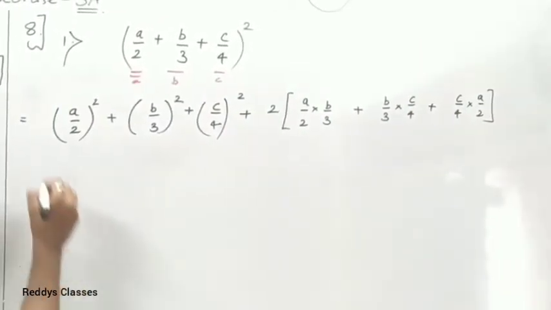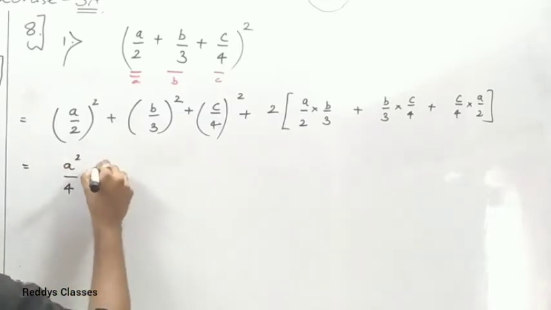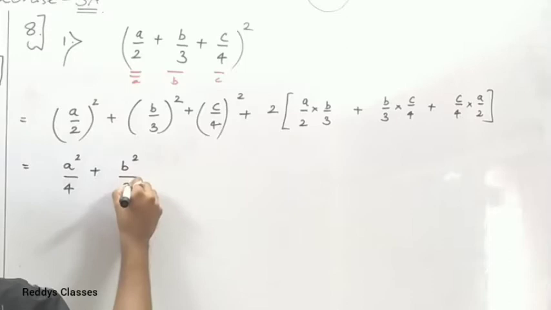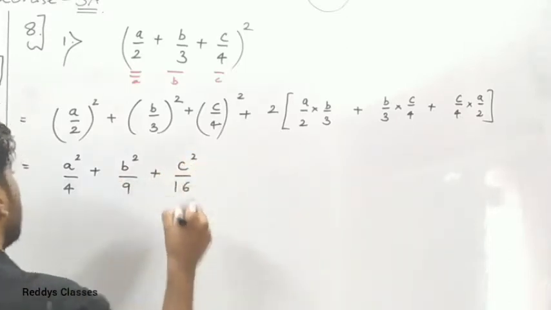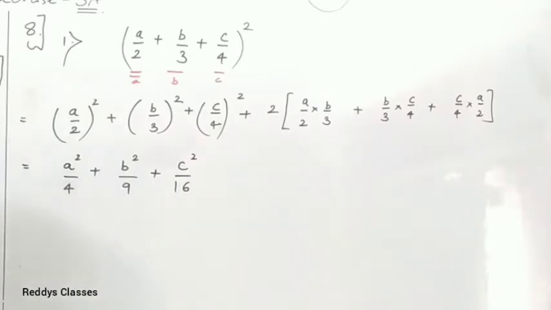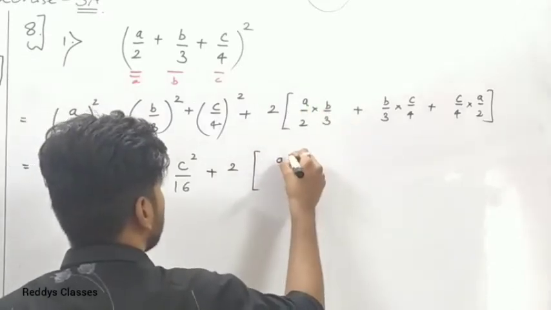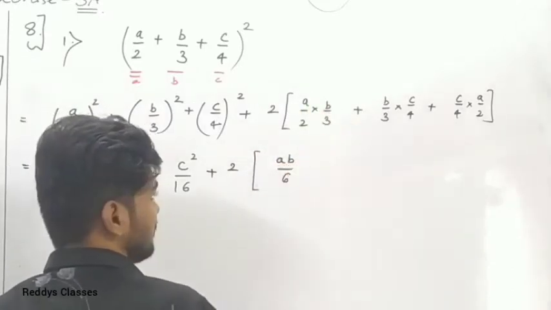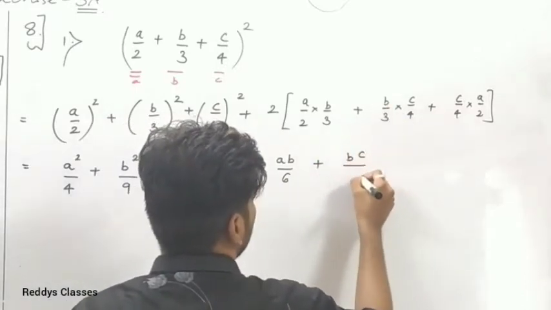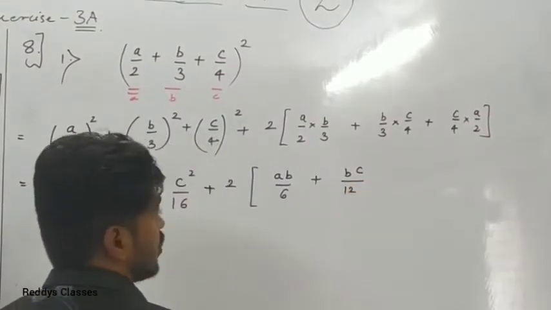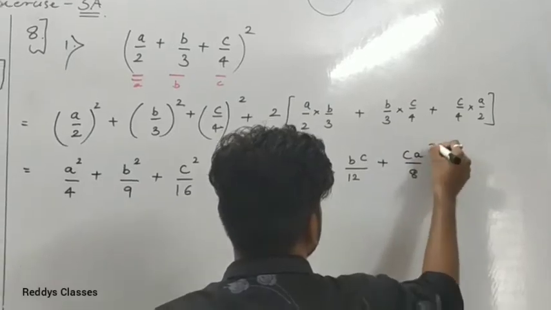Okay, so a square is a square upon square of 2 which is 4, plus b square is b square upon square of 3 which is 9, c square is c square upon square of 4 which is 16, 4 into 4 is 16, plus 2 into, let us solve this bracket, a into b, ab upon 2 3s are 6, plus b into c is bc upon 4 3s are 12, plus c into a is ca upon 4 2s are 8.